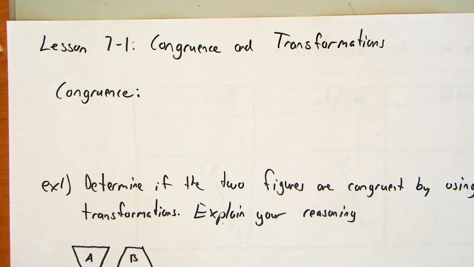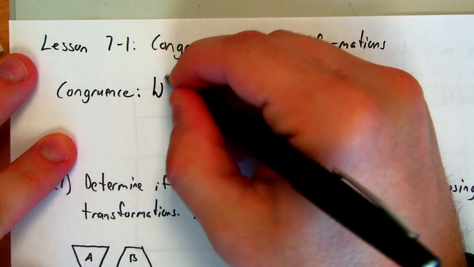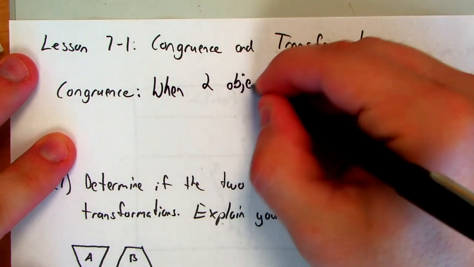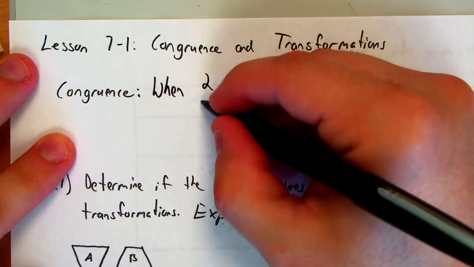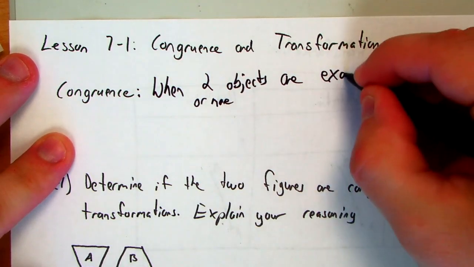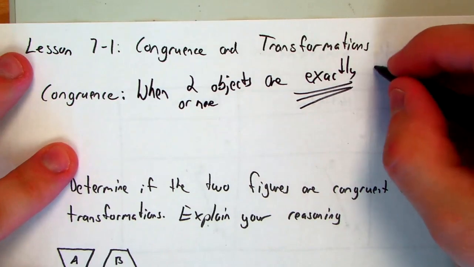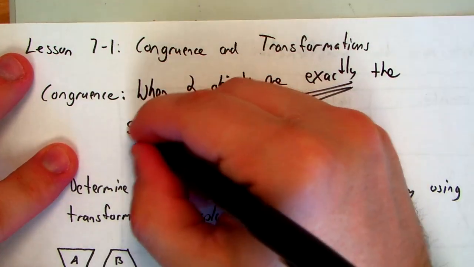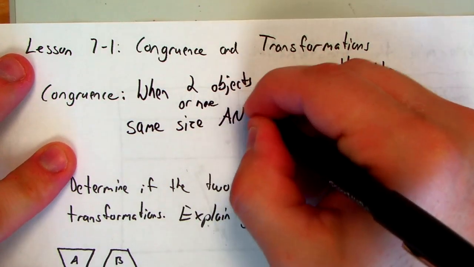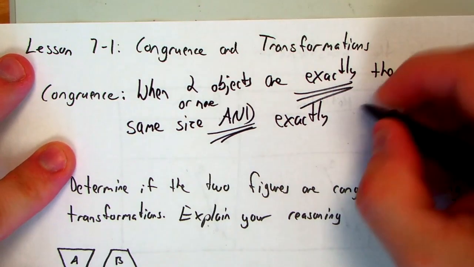So congruence is when two objects, or more, I guess, two or more, are exactly, that's important, the same size and exactly the same shape.